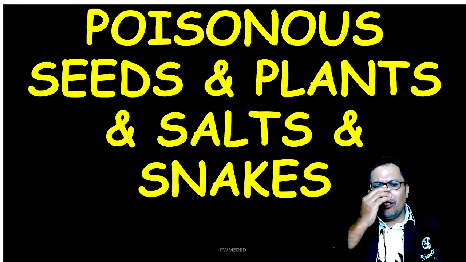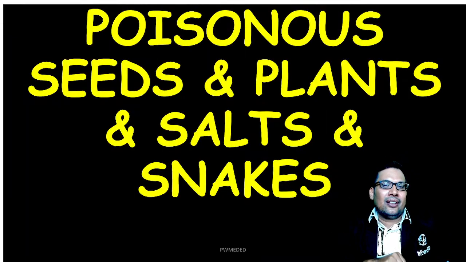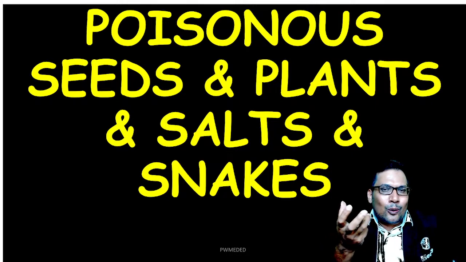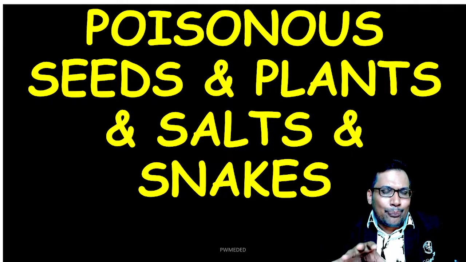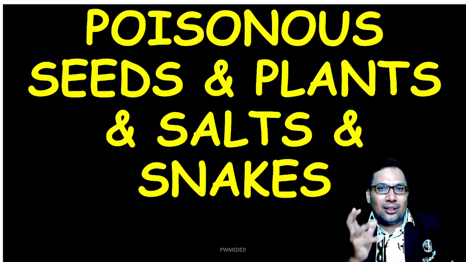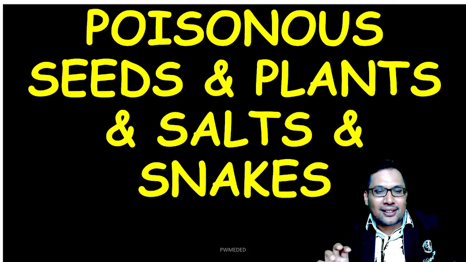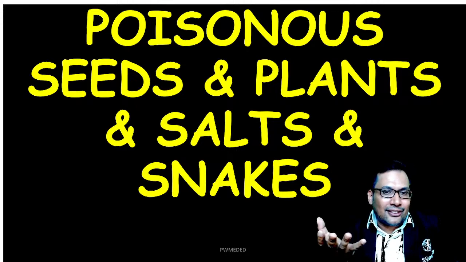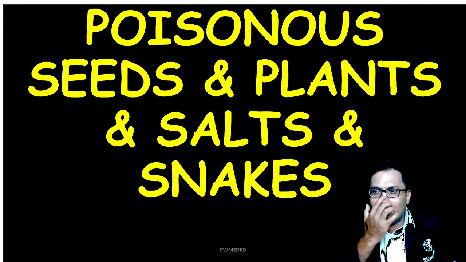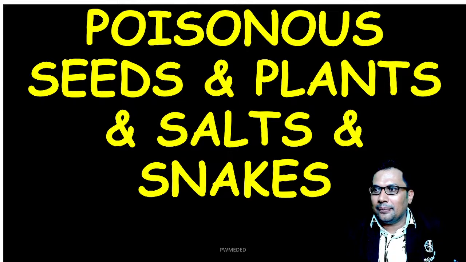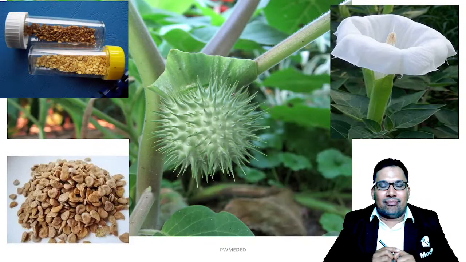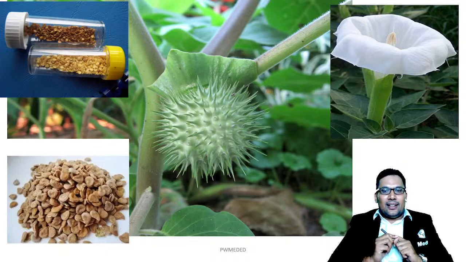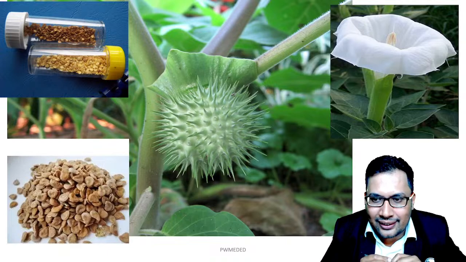Now we'll discuss some poisonous seeds, poisonous plants, poisonous salt, and poisonous snakes. The rest we'll discuss in some other session. Now I'll keep it simple: seeds, plants, salt, snakes. Ready? Look at this.